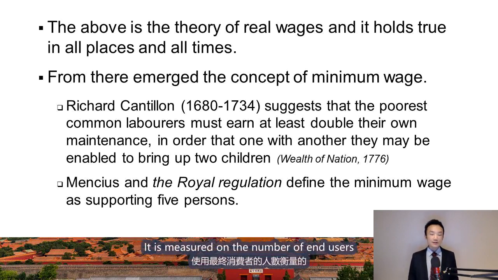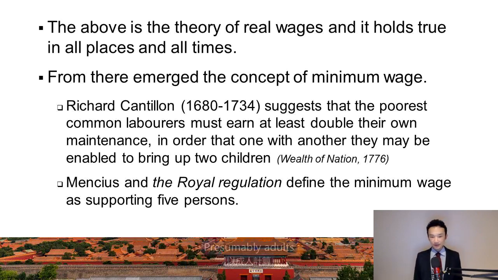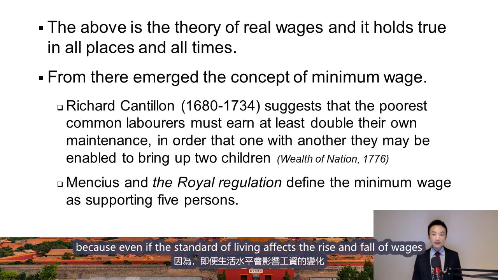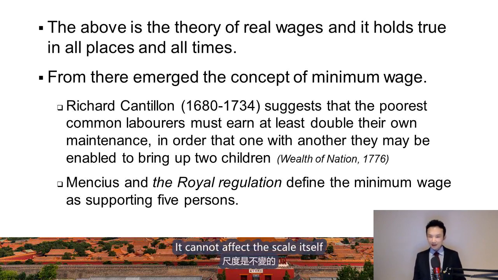It is measured on the number of end users, presumably adults. I think this is an interesting and clever way of measurement because even if the standard of living affects the rise and fall of wages, it cannot affect the scale itself.